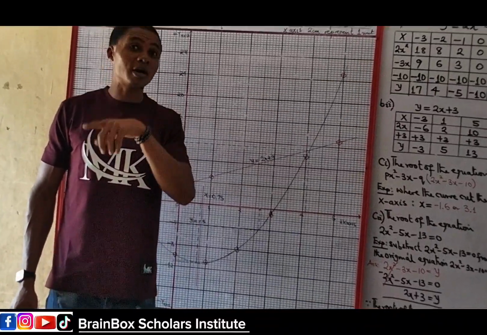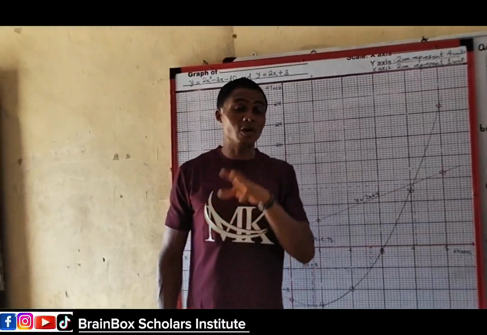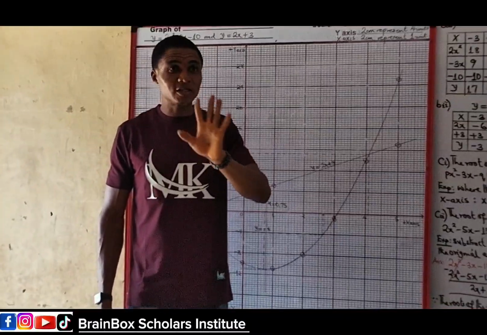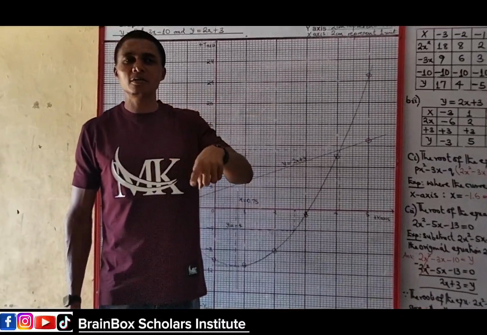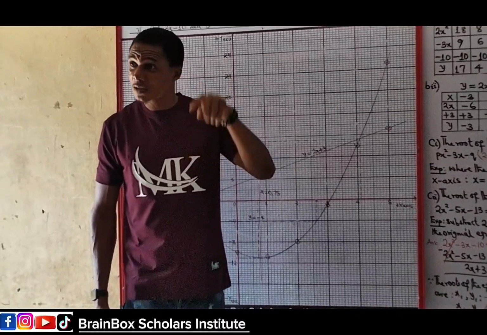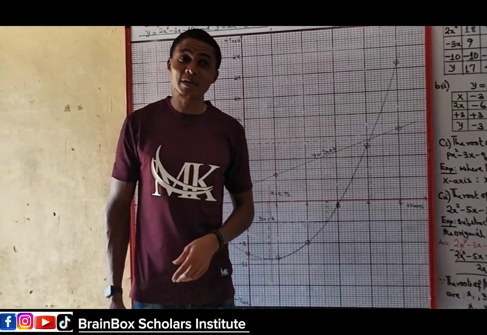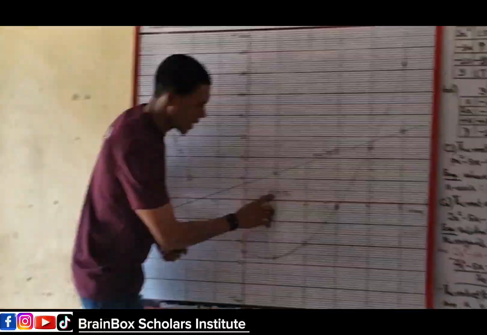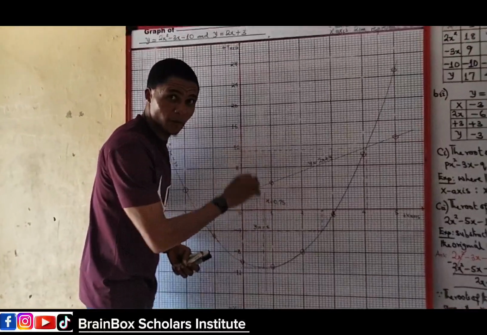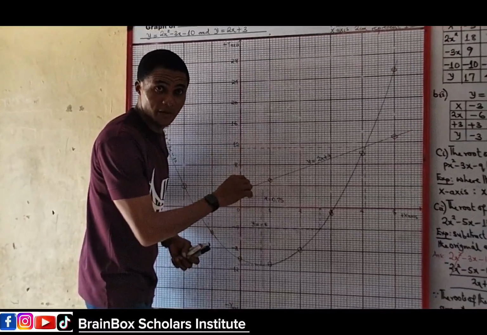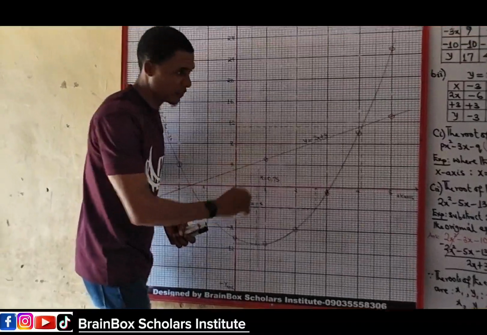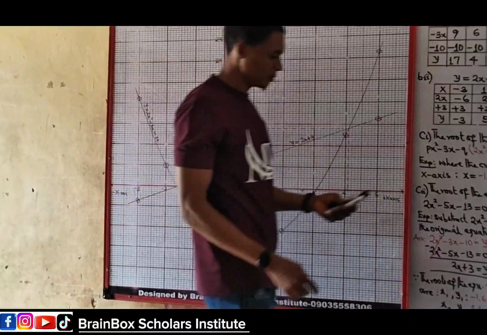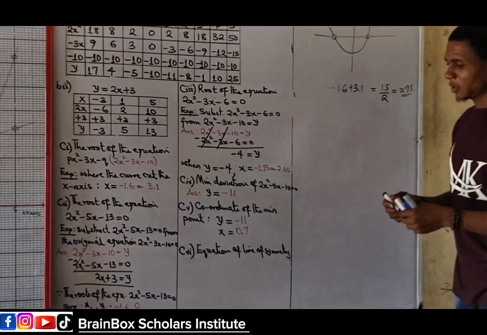If you are going through your quadratic graph, you will see where they give you a quadratic equation and ask you to find the equation of the line of symmetry. Am I making sense? Let's go and find it here. Now I have x is equal to 0.75.